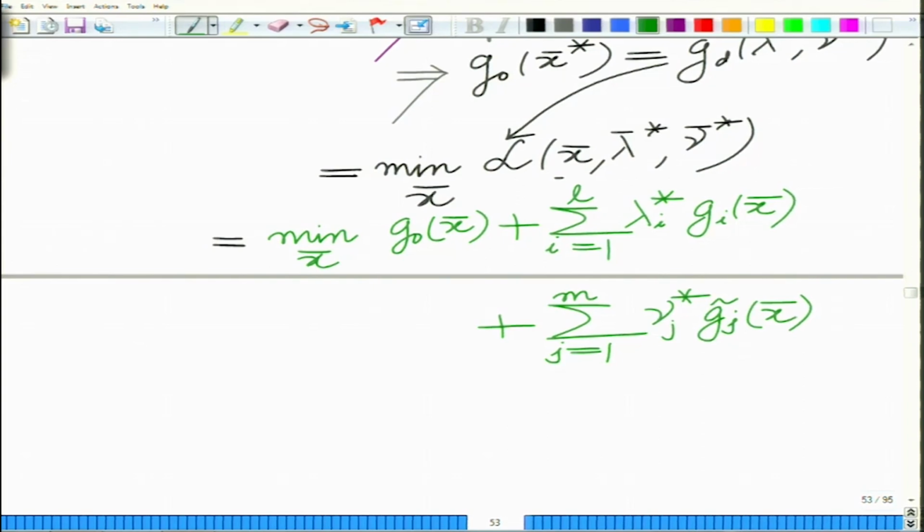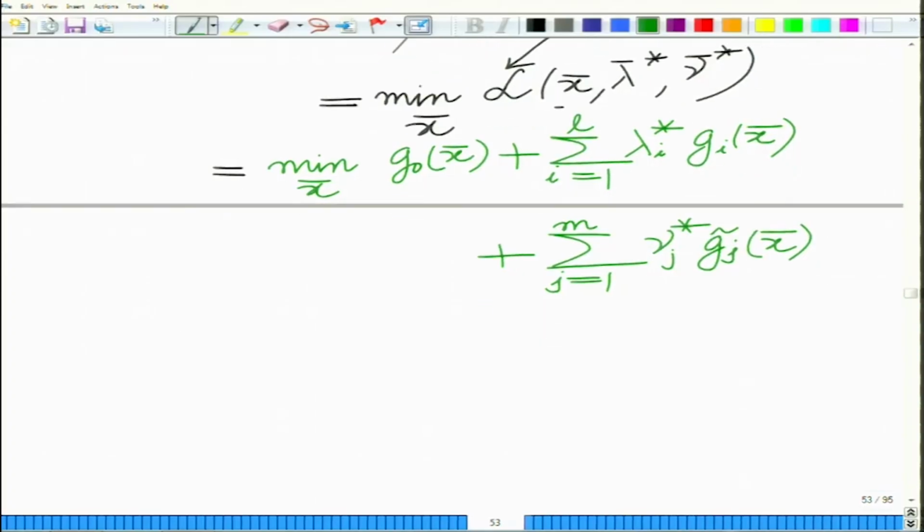So, G D of lambda bar star, nu bar star is nothing but the infimum of the Lagrangian over all x bar at lambda bar star and nu bar star. That is the key argument here, this transition.